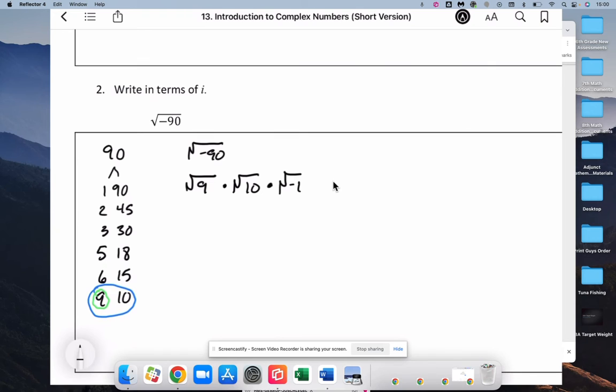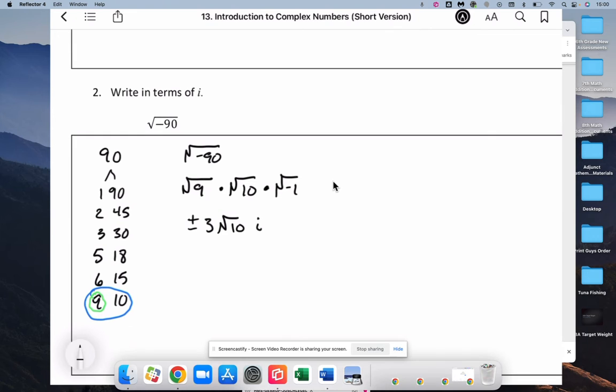Let's recall that the square root of 9 is either positive or negative 3. The square root of 10 is going to stay the square root of 10, and the square root of negative 1 is going to be I. And as I mentioned in the last problem, Alex is going to want that I after the 3. So positive or negative 3, I times the square root of 10. So that's what we've got for number 2.